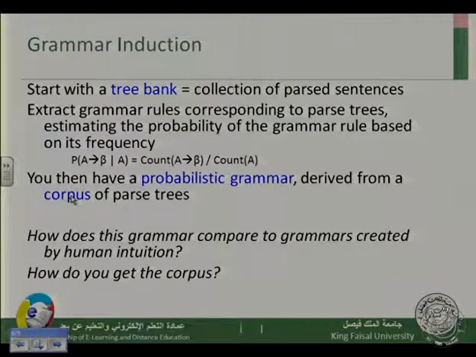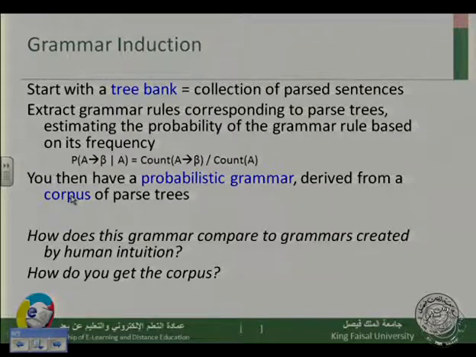One way to do this is to start with a tree bank. You get a bank of trees, millions. The more, the better. If you have millions of trees, your computer, your machines, would generate more efficient results. So start with a tree bank, a collection of parsed sentences, extract grammar rules corresponding to the parse trees, and estimate the probability of each grammar rule based on its frequency.